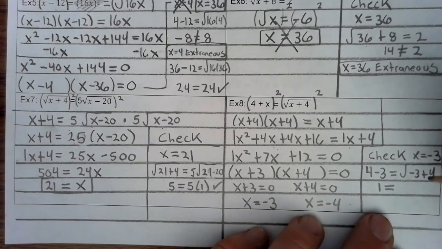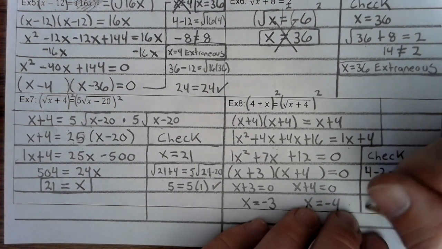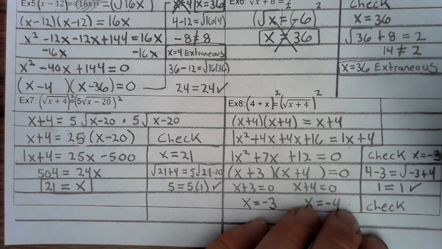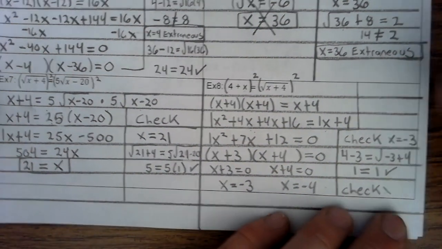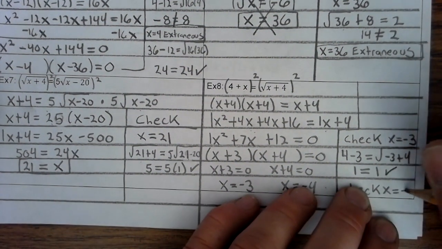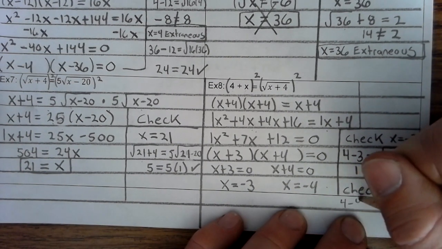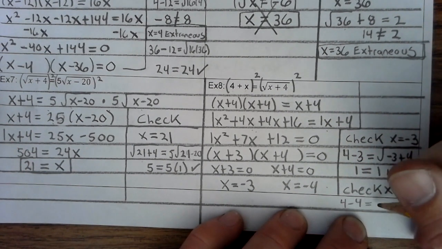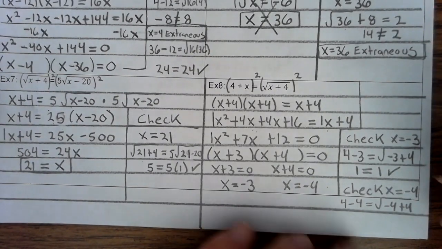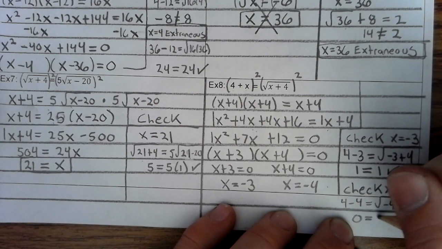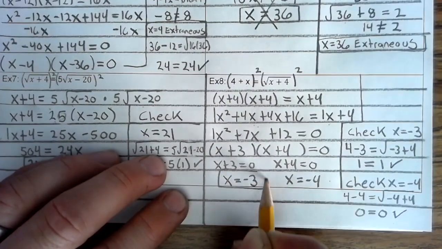That's 1 equals 1. That checks. Now we need to check x equals negative 4. So then that's 4 minus 4 equals the square root of negative 4 plus 4. So 0 equals 0. So both answers actually check. They are both correct.